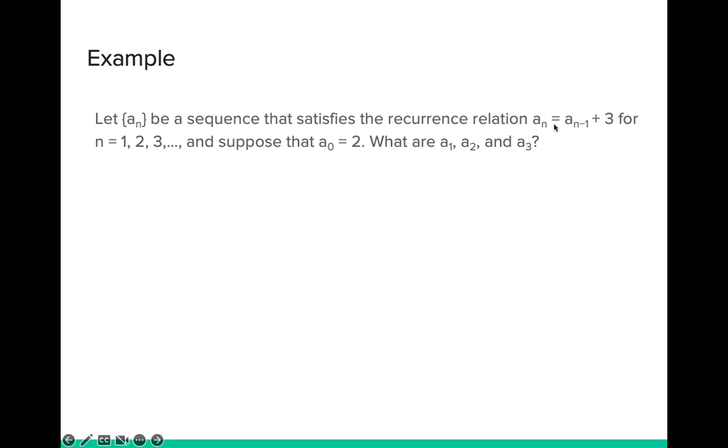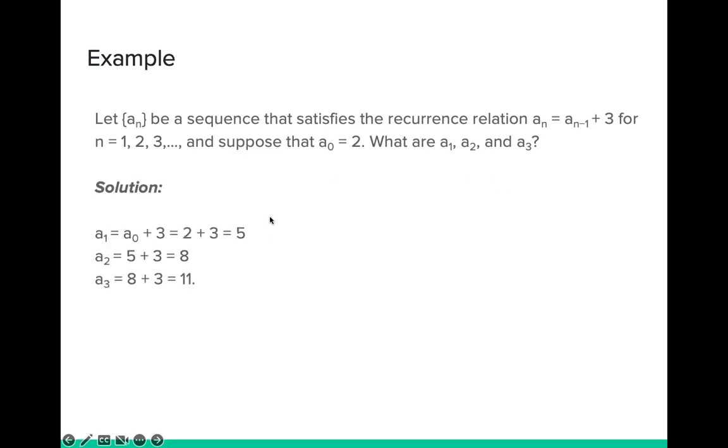As you can see, this a sub n is expressed with its previous term, n minus 1, followed by the next term, n, for n equals 1, 2, 3, and so on. And suppose the value of a sub 0 is 2. What would be the values of a sub 1, a sub 2, and a sub 3?